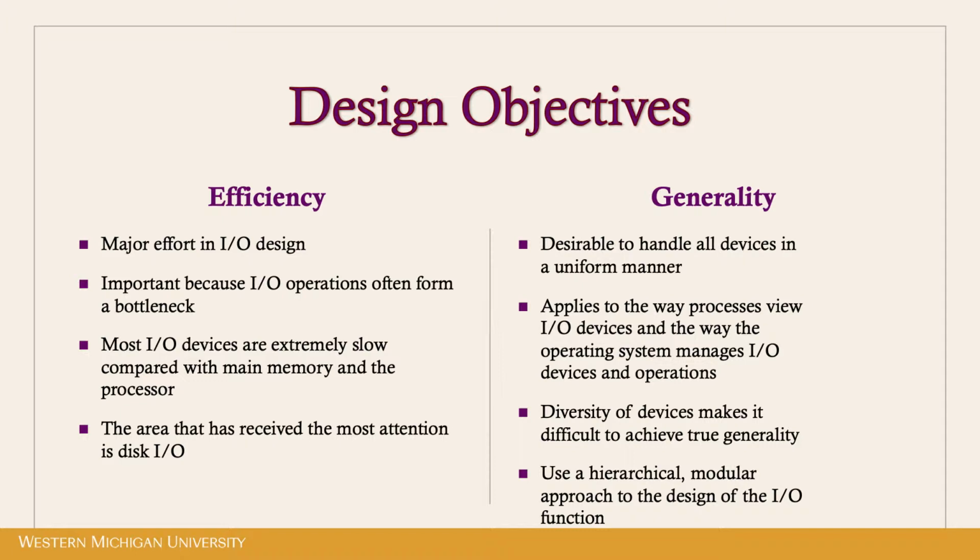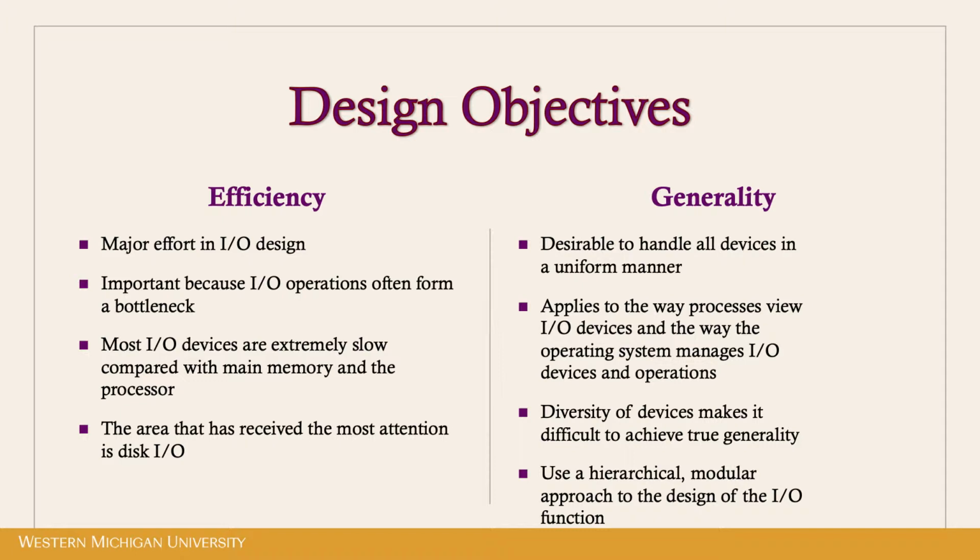So we want things to happen as quickly as possible, because most I/O devices are very slow compared with main memory or the processor. That's the area that's received the most attention when we talk about disk I/O.